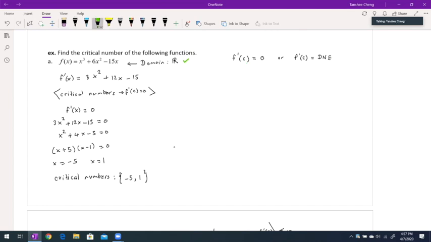So now, setting f prime of x equal to 0 will allow me to solve that equation for the x values that I need, which are the critical numbers. So 3x squared plus 12x minus 15 equals 0. Divide everything by 3. And after that, I factor it out.